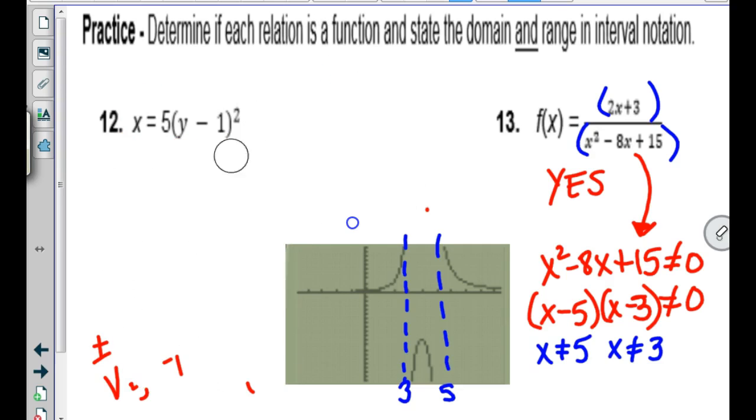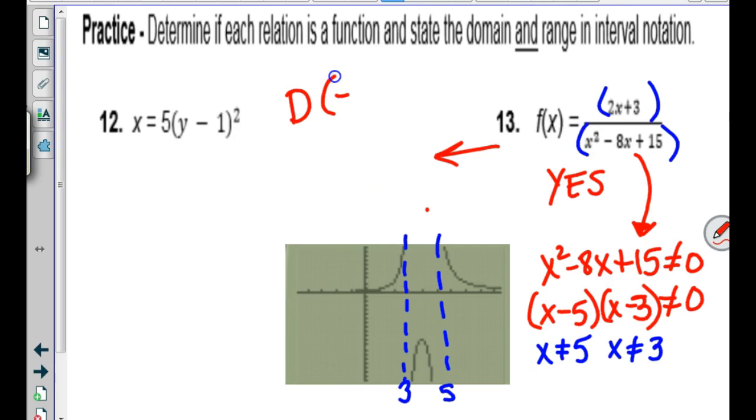Okay, maybe I'm not very good at that. So for this question, the domain would be, we could write all real numbers but 3 or 5. Or we could do the real funky up to 3, everything between 3 and 5, and everything from 5 to infinity. Is everybody okay that that means not equal to 3 or 5?